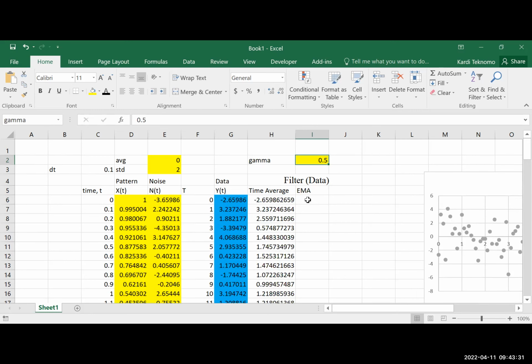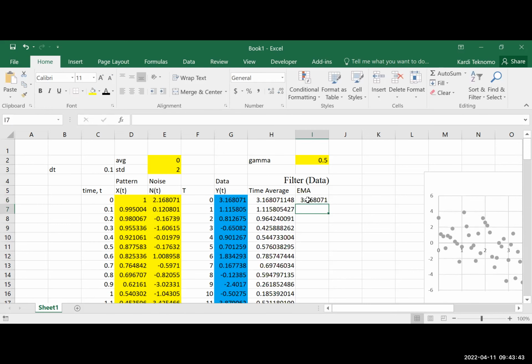So I will have, as usual, the first time I will just use theta, just a copy of the data, right? And then what is the formula again?